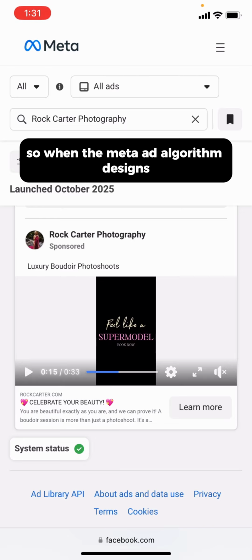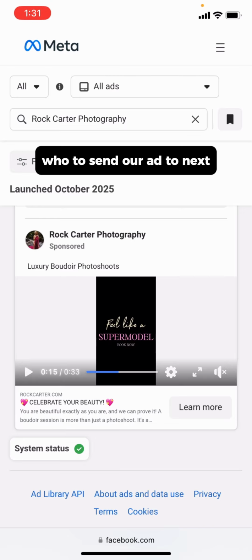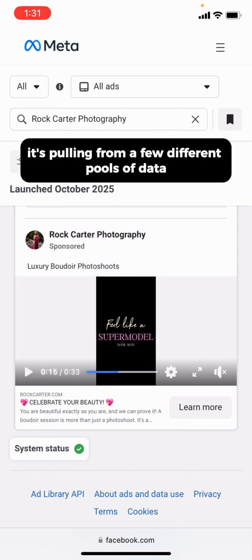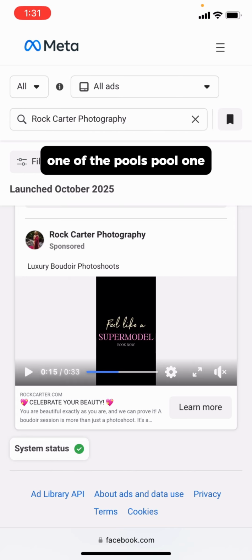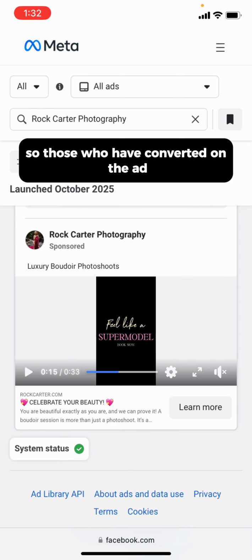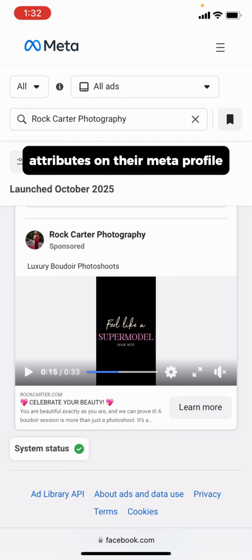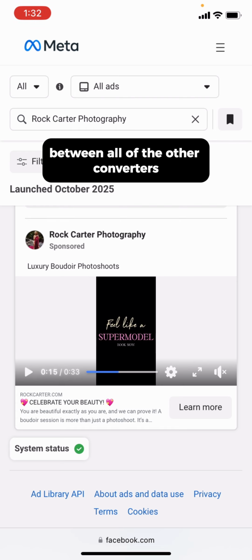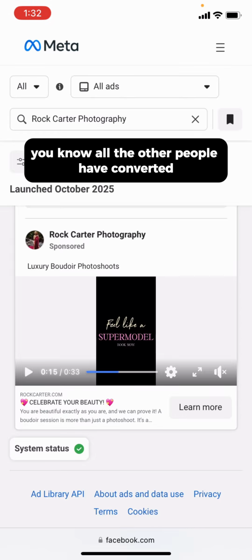When the Meta ad algorithm decides who to send our ad to next, it's pulling from a few different pools of data. One of the pools, pool 1, is looking at converters. So those who have converted on the ad, it basically shakes out all their meta data points and attributes on their Meta profile, and it looks for the similarities between all the other people that have converted.